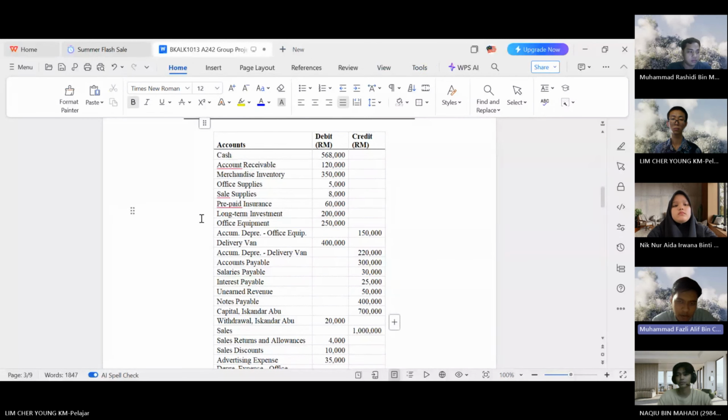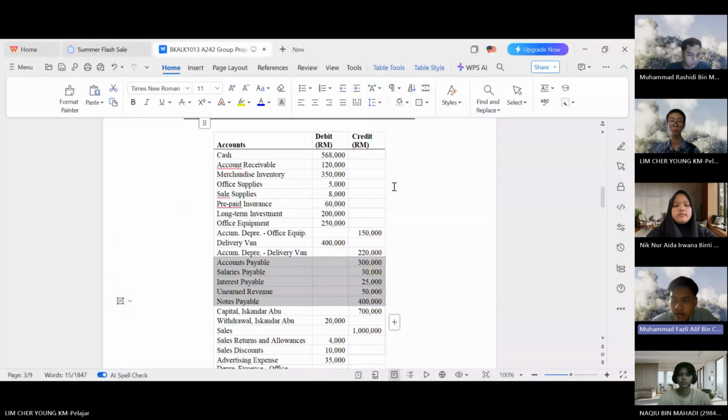Okay, I will cover liabilities. For current liabilities, firstly accounts payable, we have 300,000 ringgit, and salary payable 30,000. Interest payable is 25,000. Lastly, unearned revenue, 50,000 ringgit.